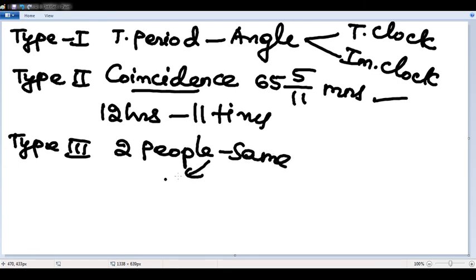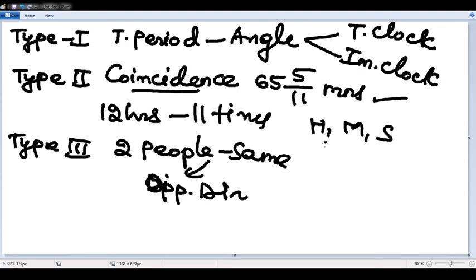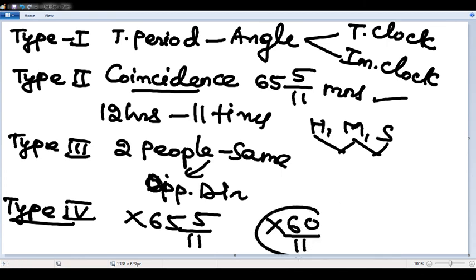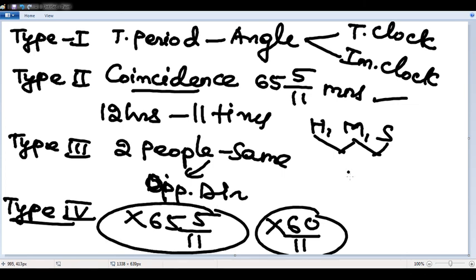We also discussed what if two people travel in the opposite direction. Here we also discussed hours, minutes and seconds. Type 4, we discussed two concepts, multiply by 65 5 by 11 and multiply by 60 by 11. This is in terms of divisions, this is in terms of time.